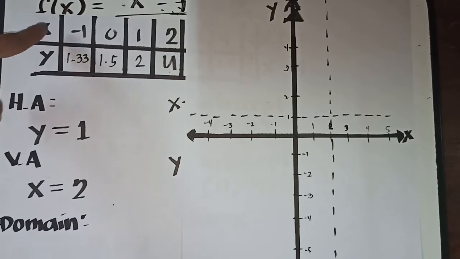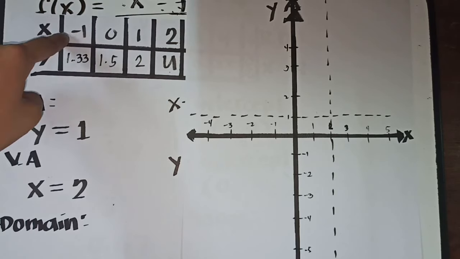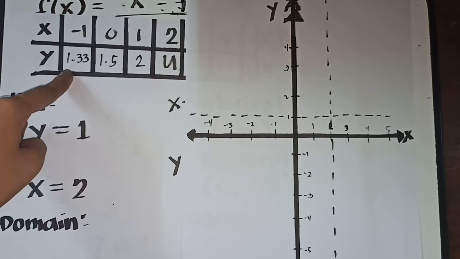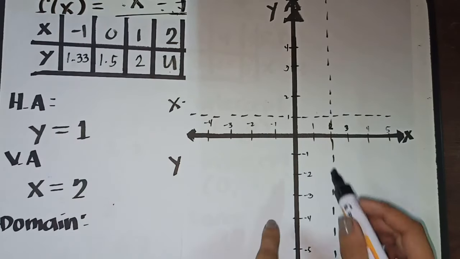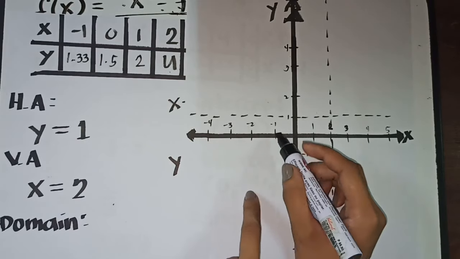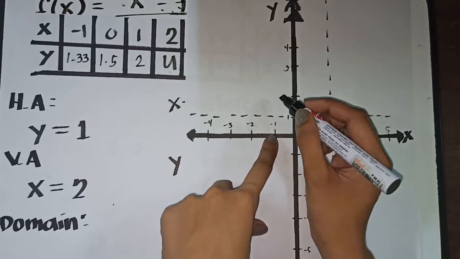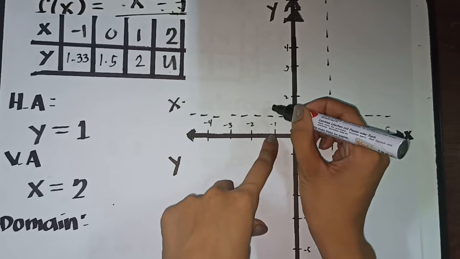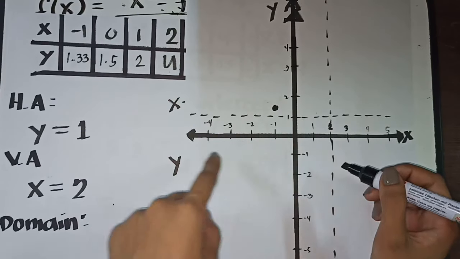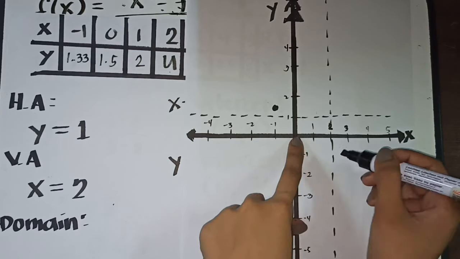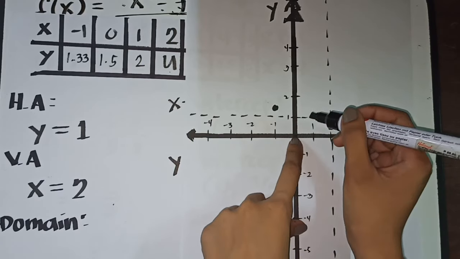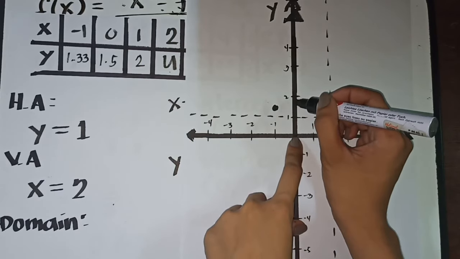Okay? So, if x is negative 1, then the value of y is 1.33. So, again, x is negative 1, and the value of our y is 1.33. So, nandito po siya. X is 0. So, ang x ko ay 0, and the value of our y is 1.5.